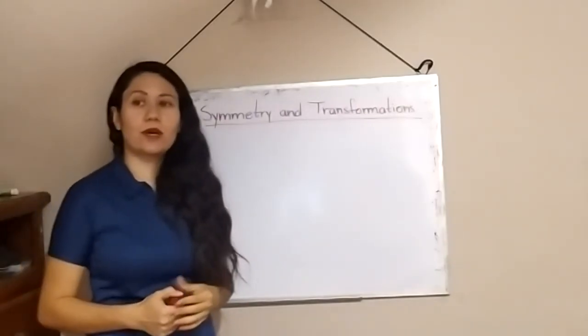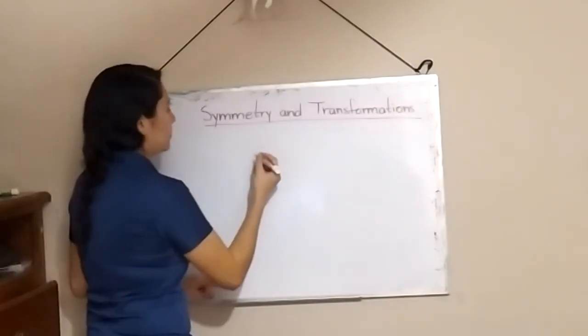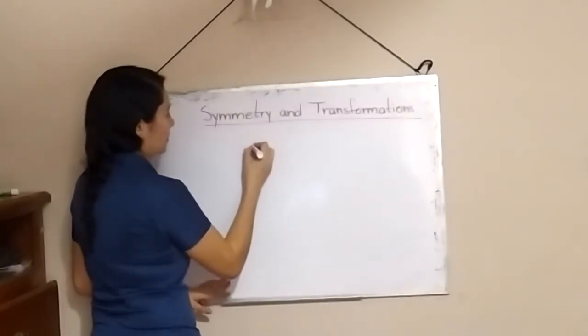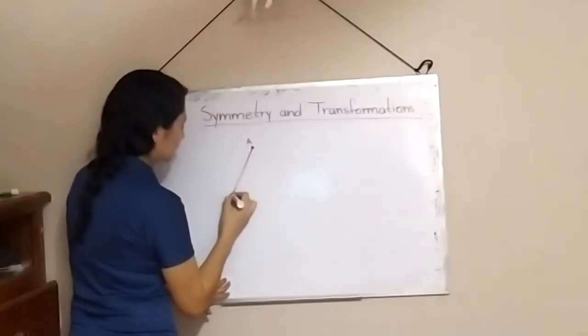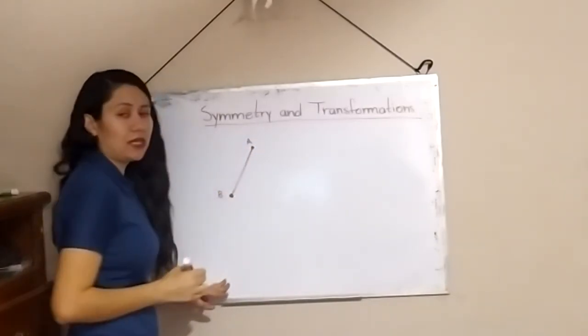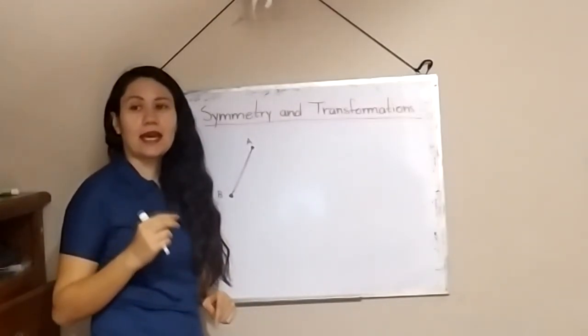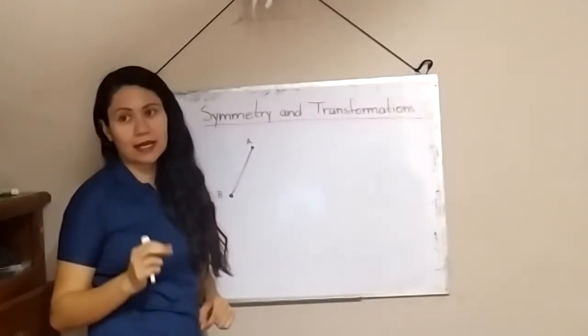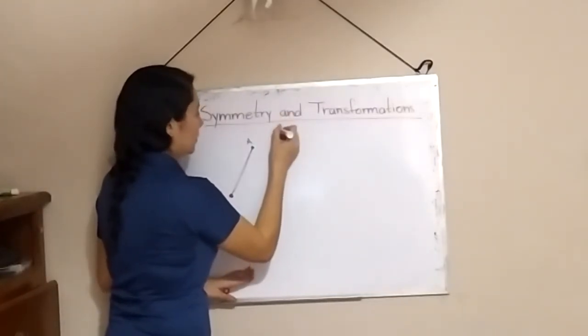We are going to do a double reflection. Let's say again that we have a point A and point B, and we are going to have a pair of parallel lines as our symmetry.